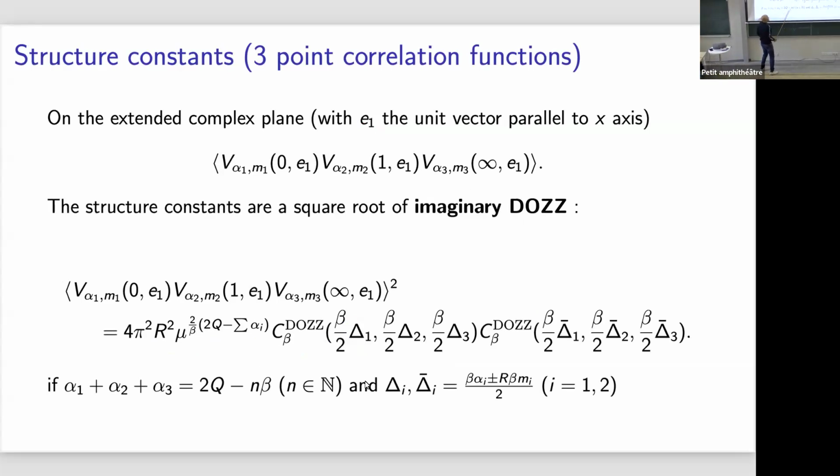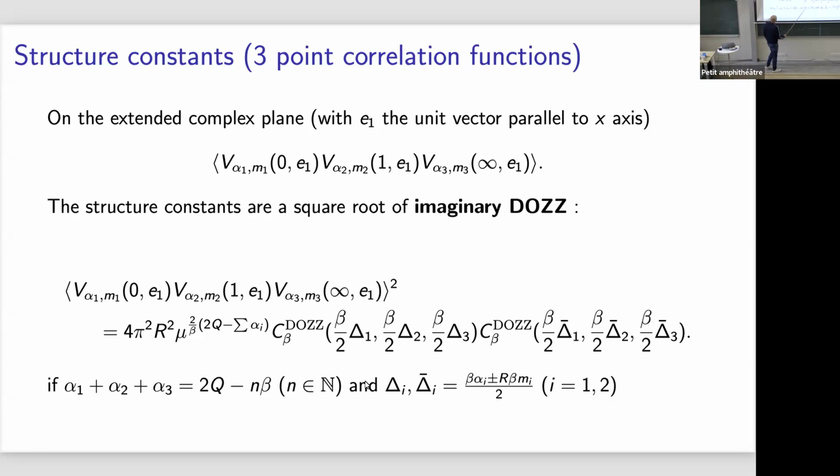And furthermore, one interesting thing is that the three-point structure constants are given by a square root of the imaginary DOZZ. It means that if you normalize by the spin and the diffeomorphism invariance, you can reduce the points to 0, 1, and infinity, but then you can also fix the orientation of the unit vector. On the plane, I fix it to the canonical one.